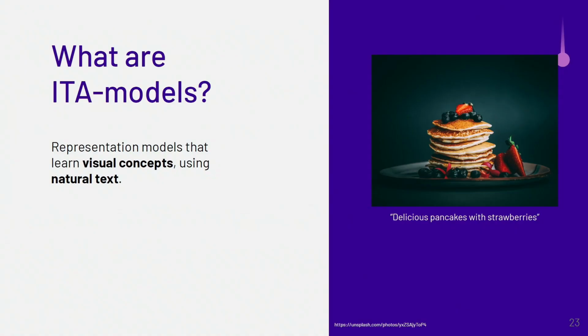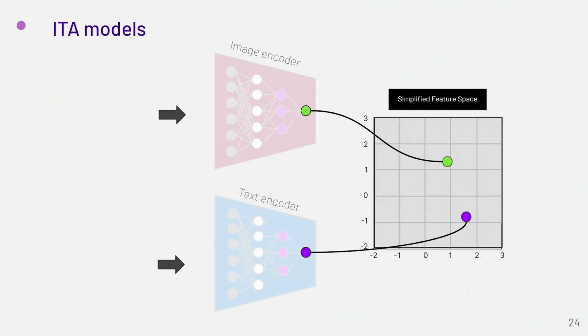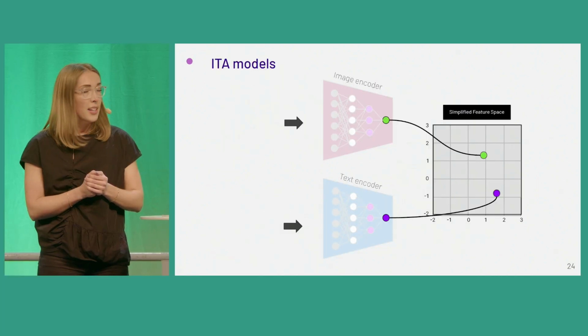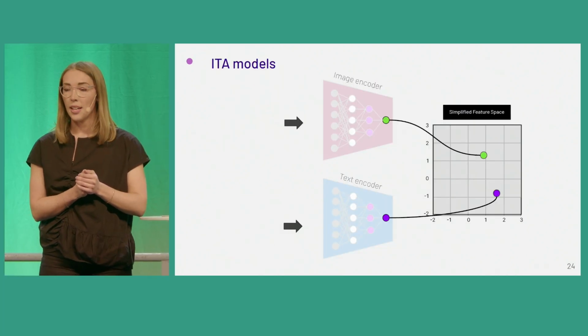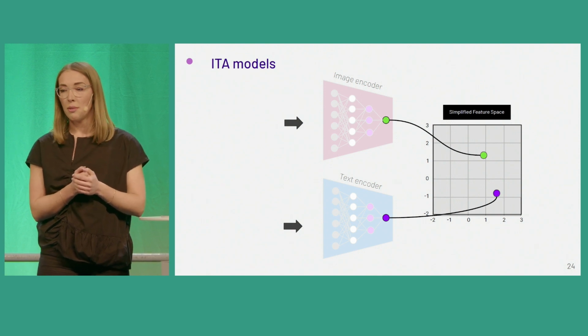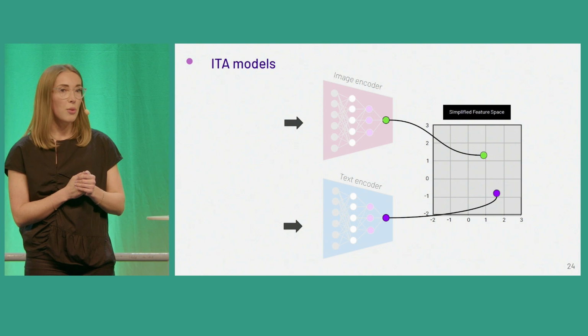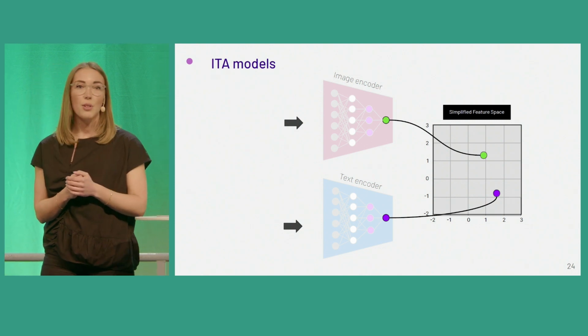So an ITA model should ideally understand that both this image and its caption refer to the concept of pancakes. And most ITA models consist of an image encoder and a text encoder.